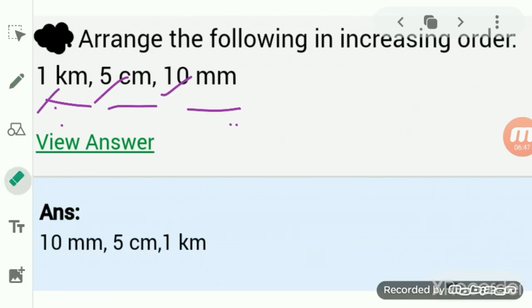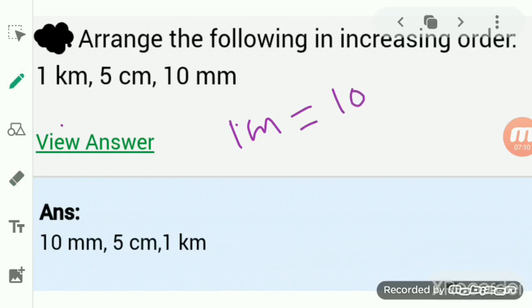But when you see the units, you will come to know that millimeter is a sub-multiple unit, which means it is smaller than the standard unit. We know that 1 meter is equal to 1000 millimeter.